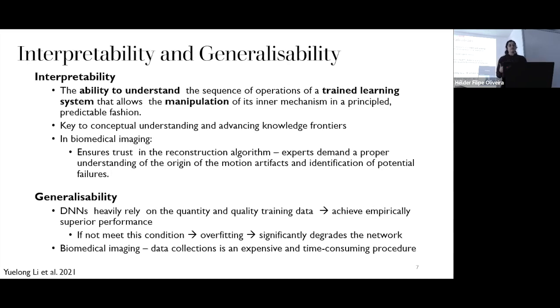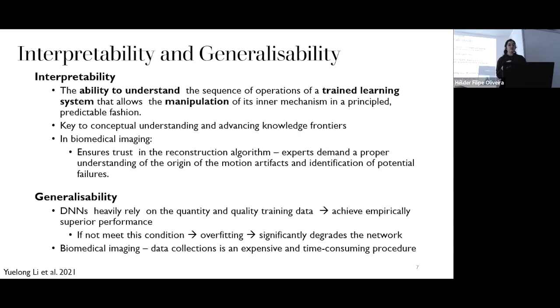Now we are going to discuss interpretability and generalizability, which are the main advantages of deep algorithm unrolling. Interpretability is defined by this author as the ability to understand the sequence of operations of a trained learning system and allow us the manipulation of inner mechanisms in a principled and predictable fashion.